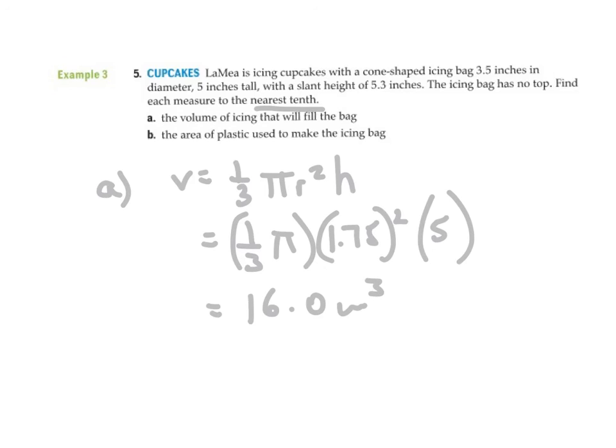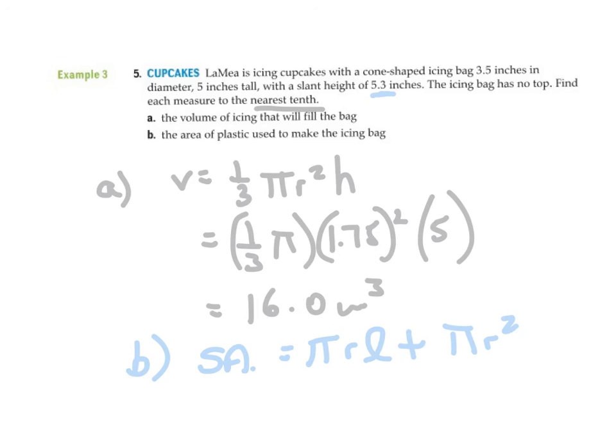And then you can do 5B. You can do the surface area. I put SA for surface area, it reminds me that I was going to do it. But this time it's going to be pi r and L, and don't forget L is the slope, so this time we need that 5.3, and you're going to add on to that the area of the base. Well, that's a circle, so it's pi r squared.